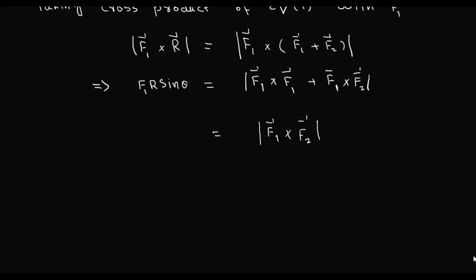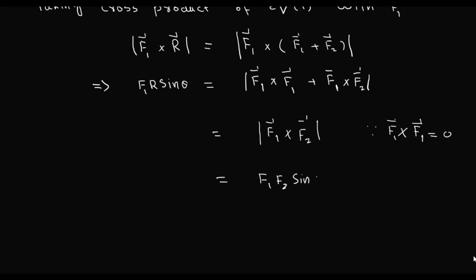We give the reason that F1 cross F1 is always equal to 0. So F1 F2 times the sine of the angle, and the angle between F1 and F2 is alpha, so it will be sine alpha.